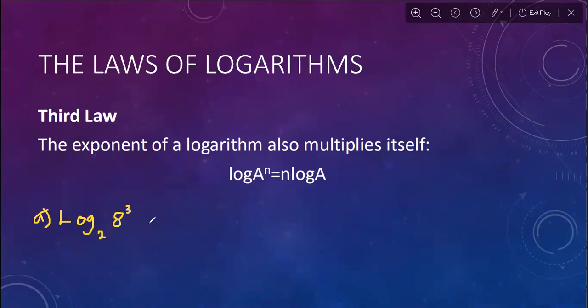So to simplify this, what this law says is that we should multiply the log by 3. Since the power of the log is 3, we are going to simplify, and after we simplify, we are going to multiply whatever answer we get by this 3. So let's express this as 3 log 8 in base 2.